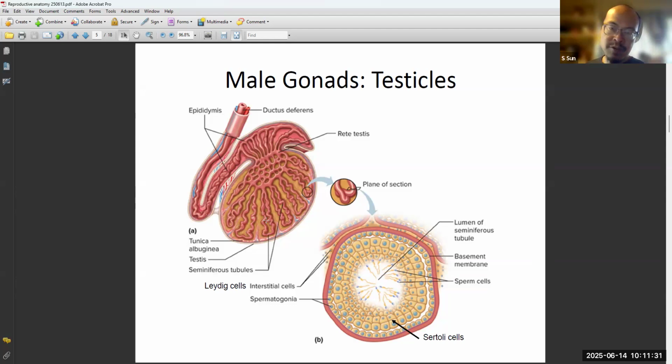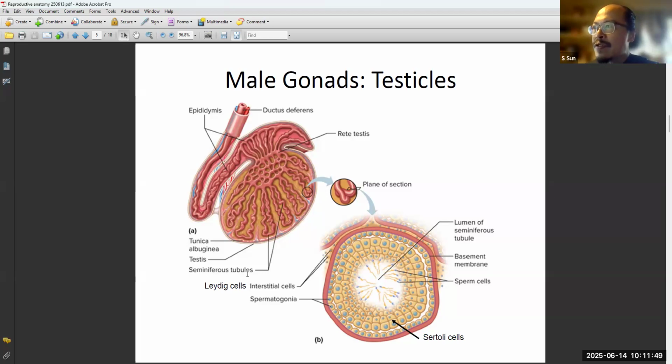This seminiferous tubule is a cradle of the sperm. Immature sperm come from the spermatogonia to become true sperm. So this is a cradle for that development of the sperm.